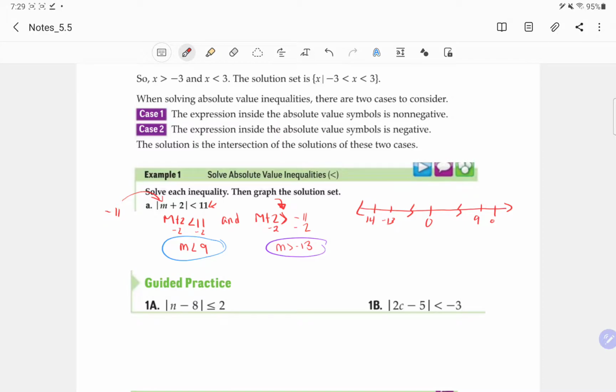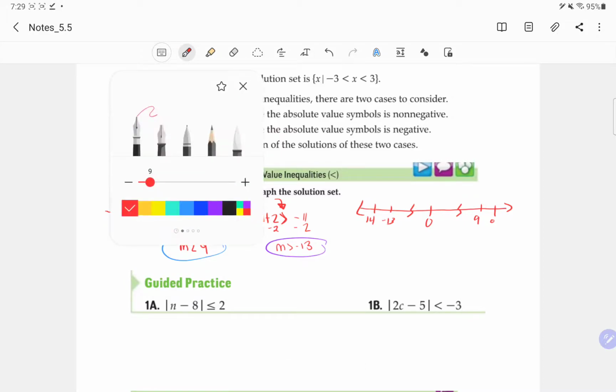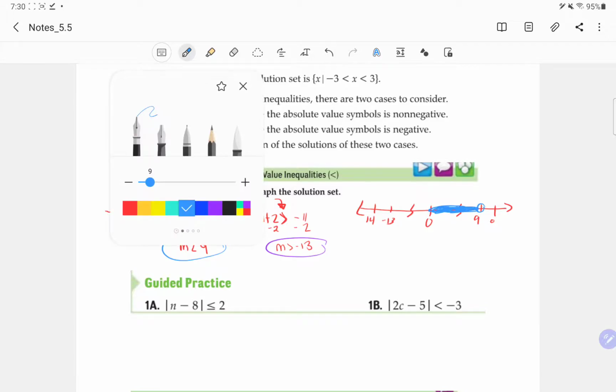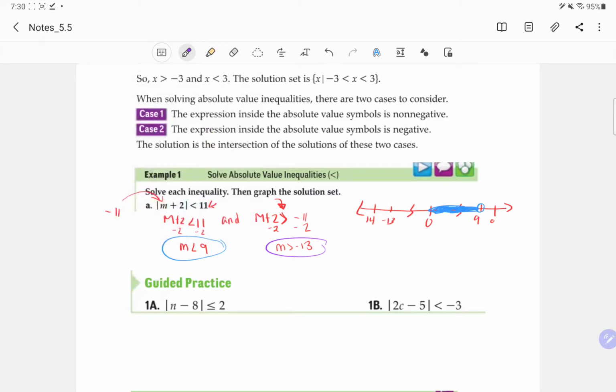So, I'm going to graph each one. I'll graph my one in blue first. That says m is less than 9. So I have an open circle on 9, and I shade this direction, okay? I'm not going to go all the way because I know I've got something going on the other side of my graph. So I'm going to stop until I figure out what's going on over there. If I graph that one in purple, I have m is greater than negative 13.